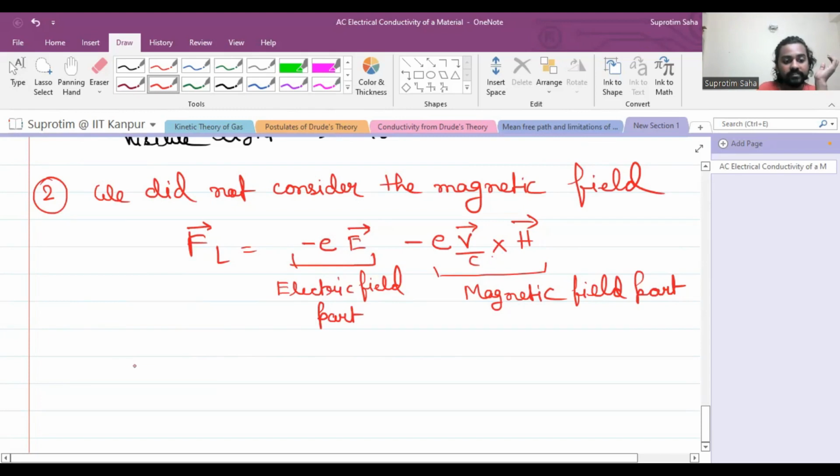So J vector is minus n e times v vector, which implies v vector is minus J vector by n e.